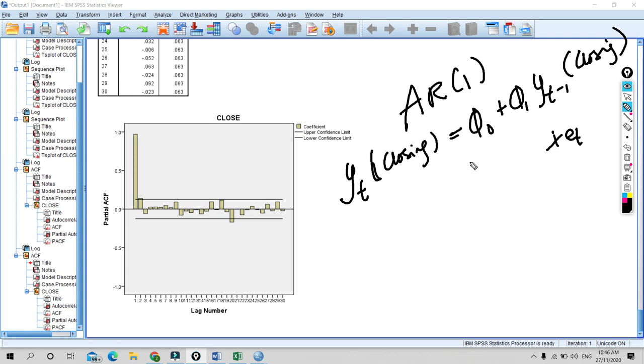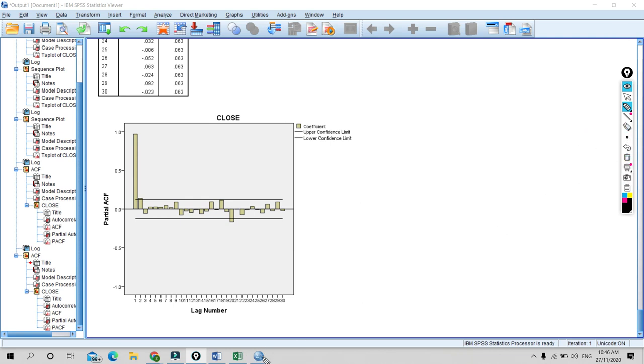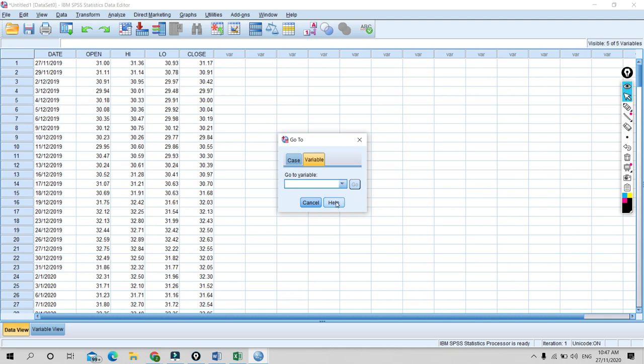So close, then we have close minus 1. We are comparing this data with the previous one, and we put it here.